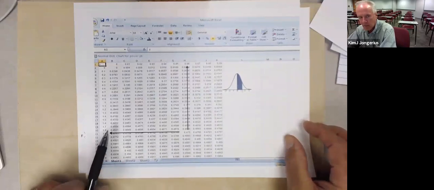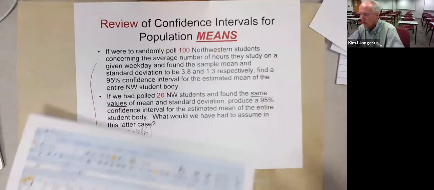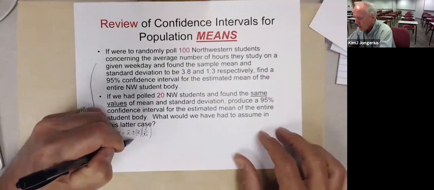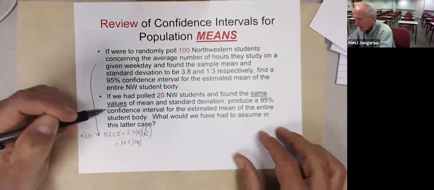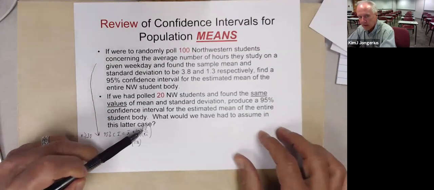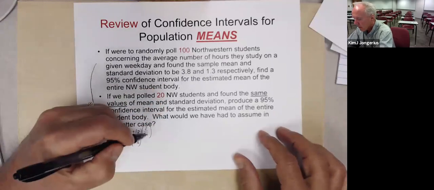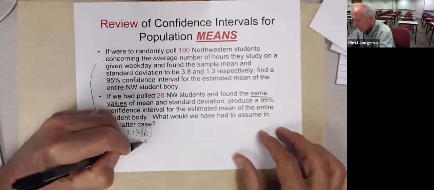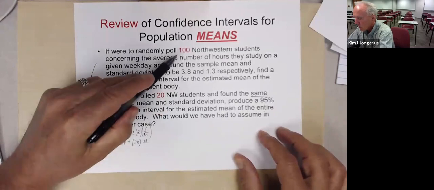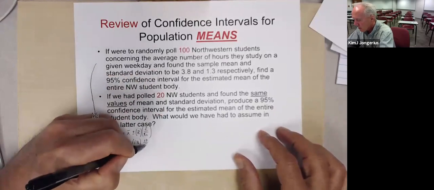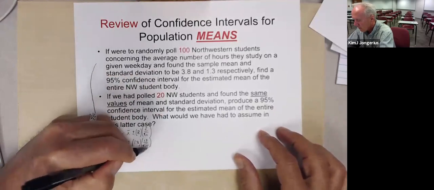It gives me 1.96. So that z-score is 1.96. The standard deviation is 1.3 given in the problem, divided by the square root of my sample size, the square root of 100.